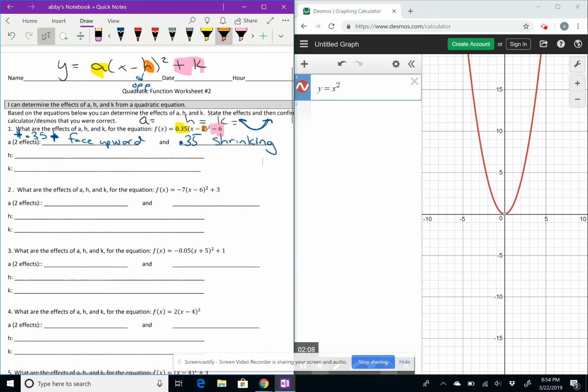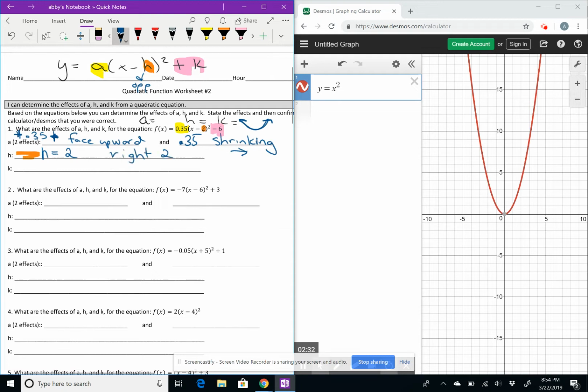Now, the H value is the opposite of what's inside the parenthesis. So it is going to be H equals a positive 2. And remember that the H is talking about your left or right movement. And since we're talking about the positive, we know that we're going to be moving right. And then you just write 2.